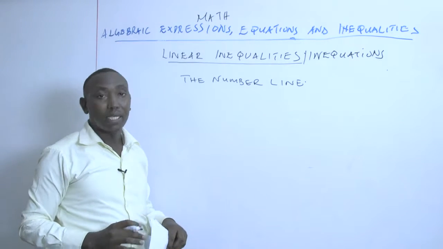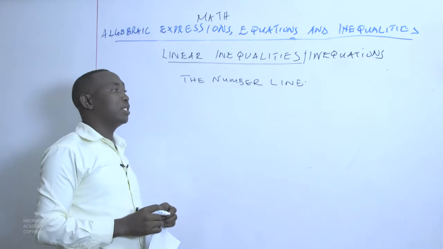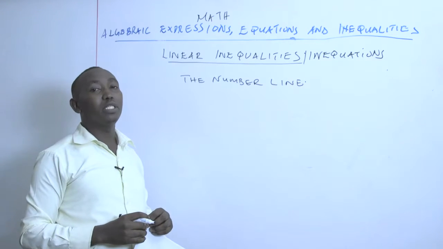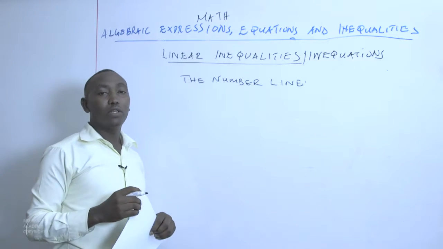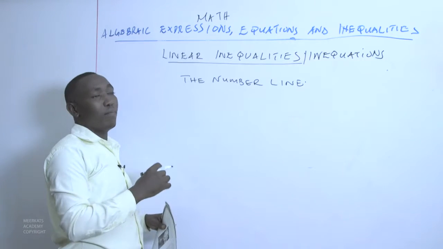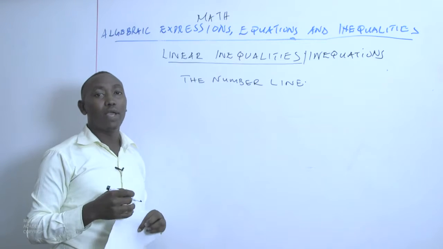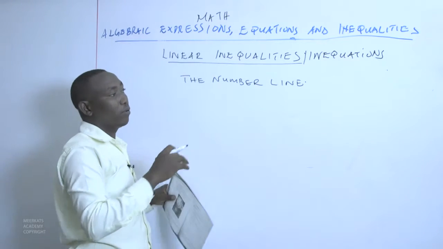Now, a number line is a straight line that consists of both negative and positive integers and also a 0. It's important to note that whenever you're drawing a number line, both ends should always be open, meaning that they are continuing.